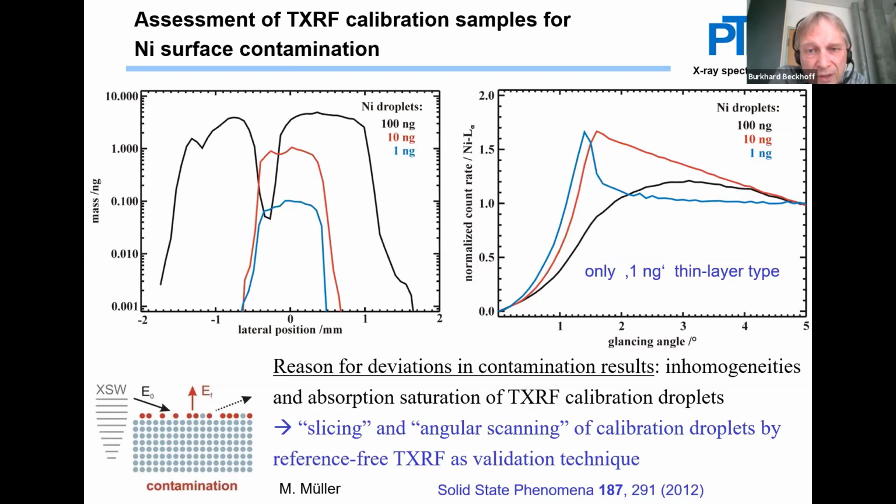You see a different angular response. And this is due to the fact that the increasing mass of the element is modifying the X-ray standing wave field, and this is a key issue in a reliable TXRF quantification.